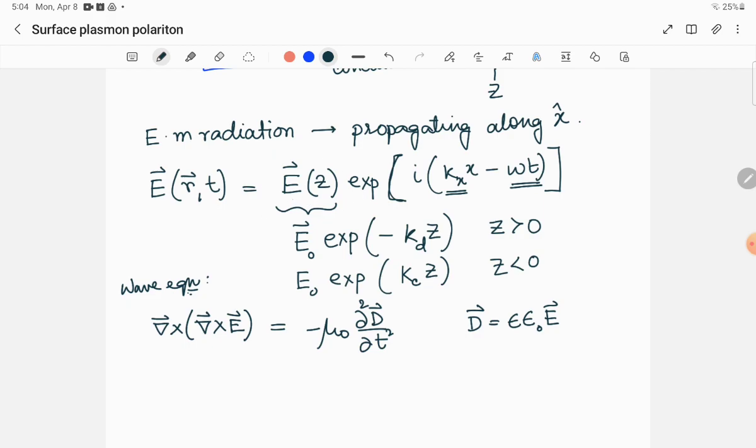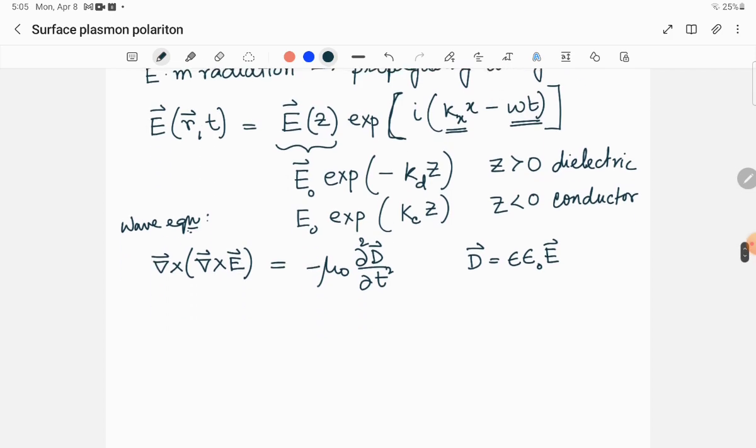Now something to note is that the amplitude is a function of z, and this arises from the evanescent fields that we have discussed just a moment earlier, where in the z greater than 0, the positive z region, which is basically the dielectric region, it's an exponentially decaying function with a decay constant kd, while in the conductor region, where z is negative, it is defined as exponential kcz. Z being negative, it will give an exponentially decaying form.